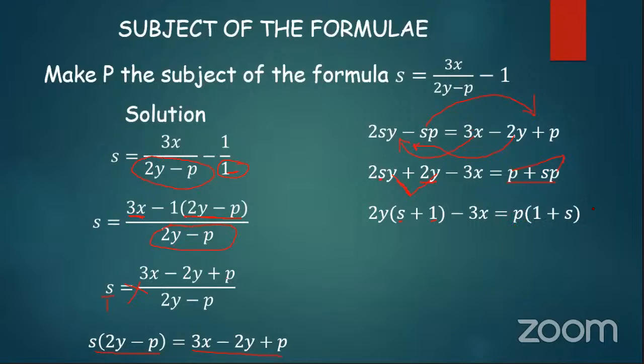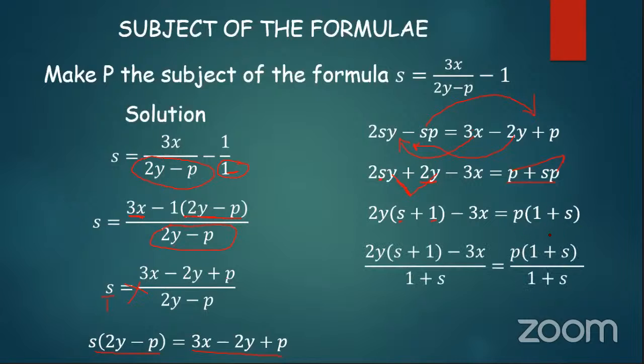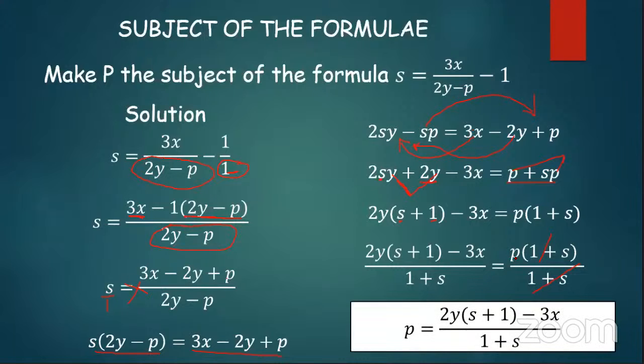So after this, we divide by 1 plus s, since we want to remain with p, both sides. And that would give us, so we divide by 1 plus s, and 1 plus s would go. So on the right hand side, we shall remain with p according to the whole of this expression.